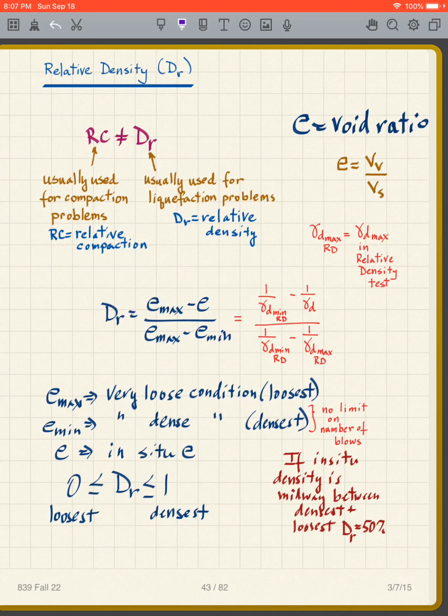And if I look closely, this is 1 over gamma d min, RD is relative density, over 1 over gamma d in situ, over 1 over gamma d min for the relative density minus 1 over gamma d max for the relative density. So, in other words, we determine gamma d min and gamma d max using our relative density procedures as opposed to our compaction procedures.